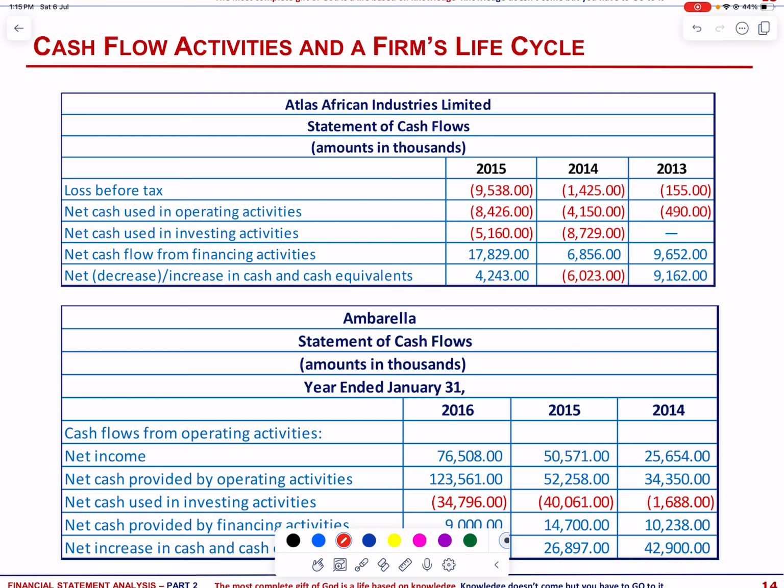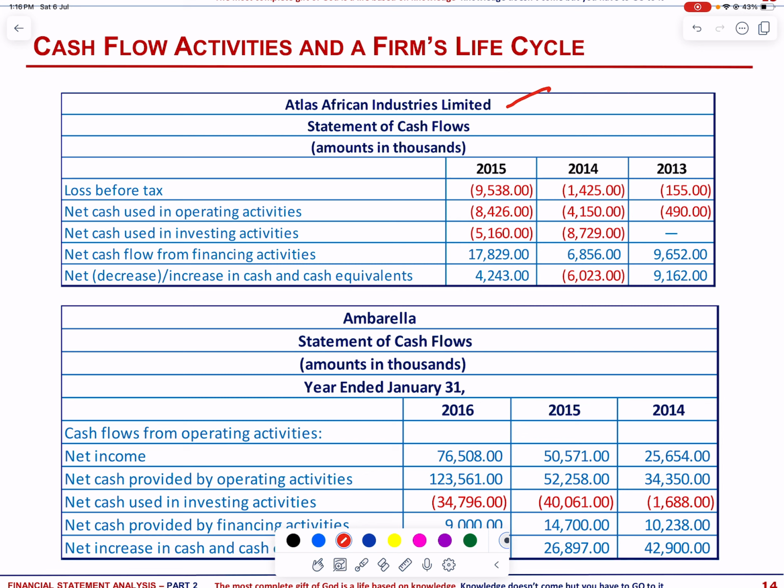Now, Atlas African Industries operates in support services for sectors like oil and gas, mining, and construction in Ethiopia and Liberia. It was established in 2012 and listed on London stock market in the year 2013. The company has undergone name changes and adjusted its financial reporting year end.